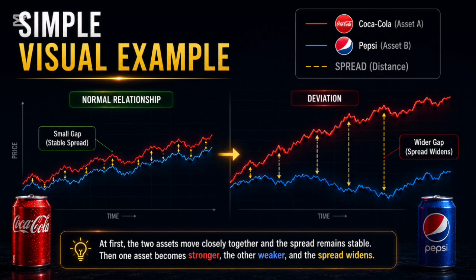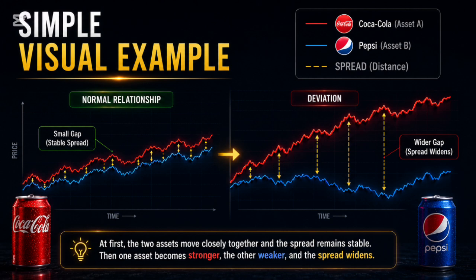This chart is the chart of Coca-Cola and Pepsi. As you can see, at first they are stable, moving together. But then, later on the right part of the chart, one asset becomes stronger than the other.